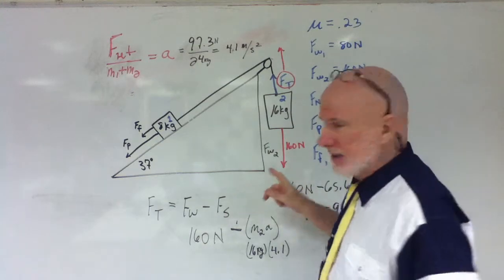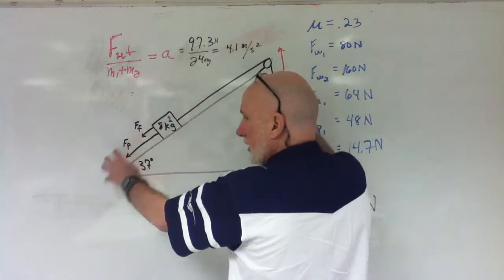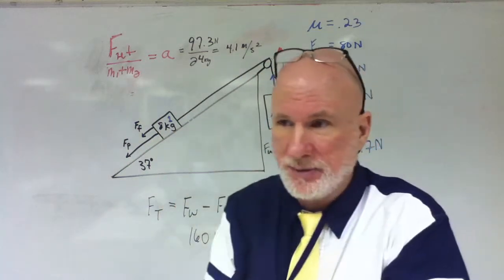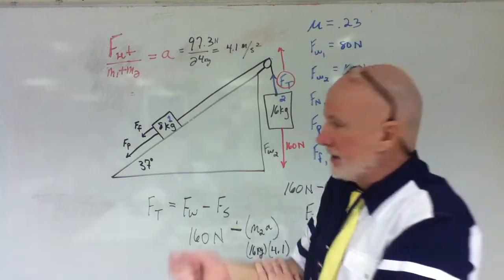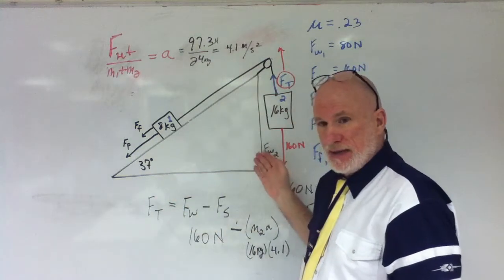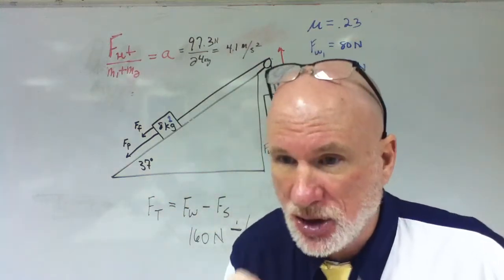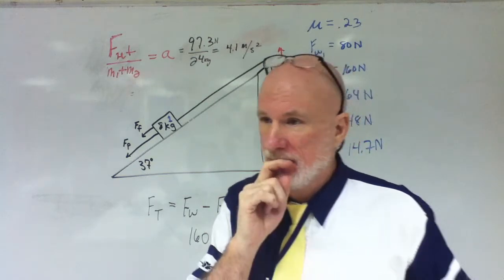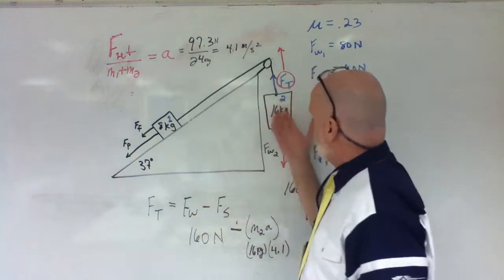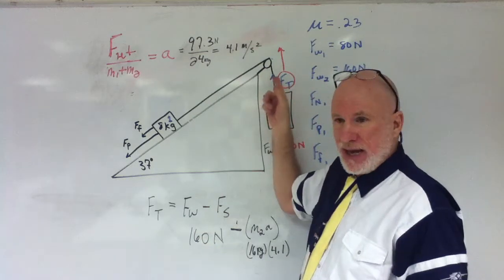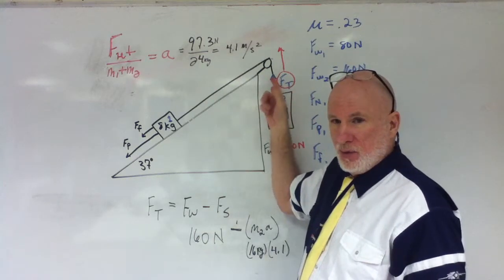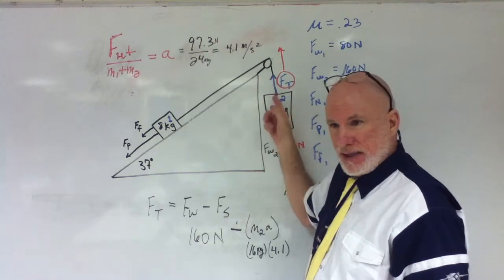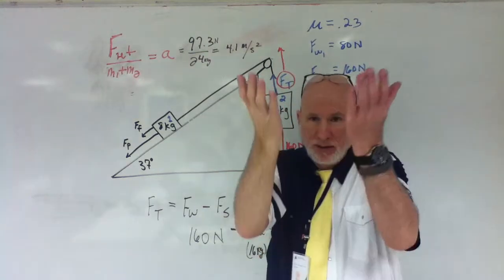But the system that's accelerating is 24 kilograms. So you can find the net force, and then the acceleration will be based on the total mass of the system, correct?